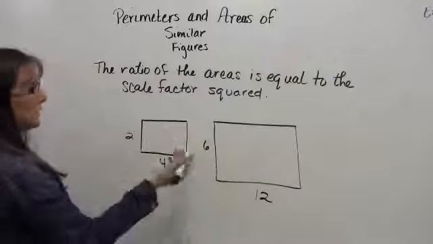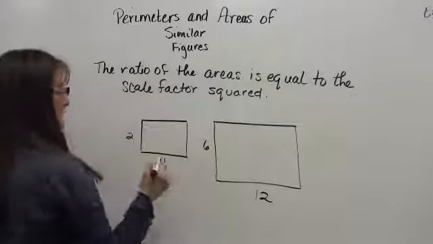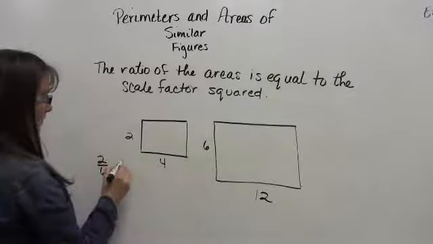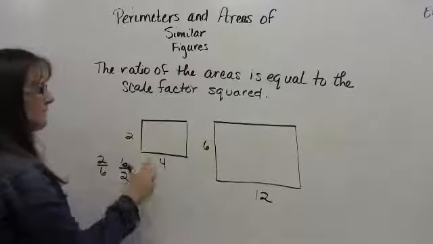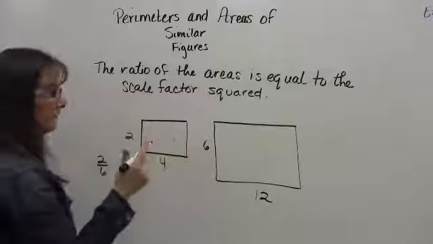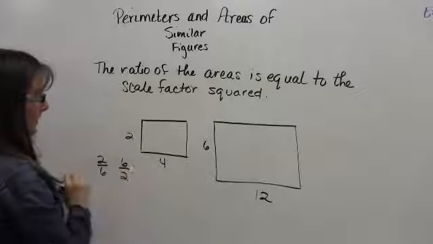What I first need to do is set them up as a fraction that I can reduce. I could go 2 over 6, or I could go 6 over 2. It doesn't matter as long as I'm using the corresponding side, and I'm writing it as a fraction.